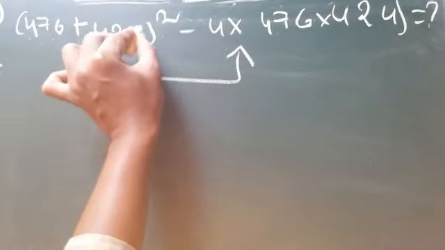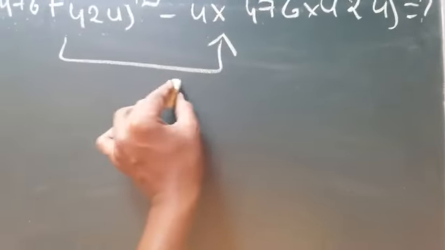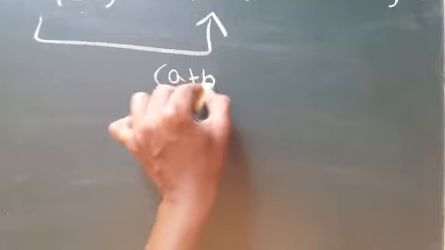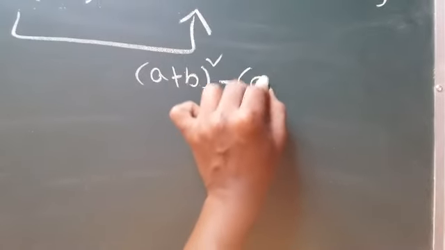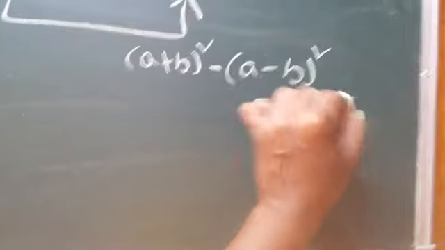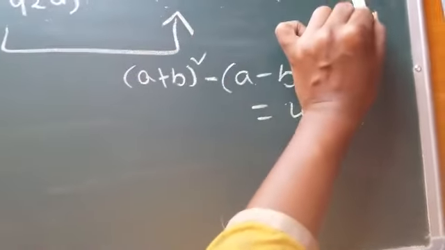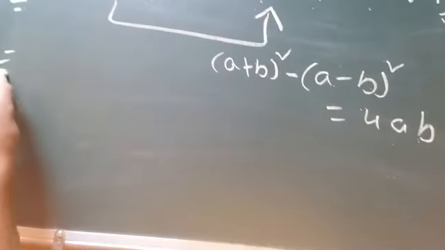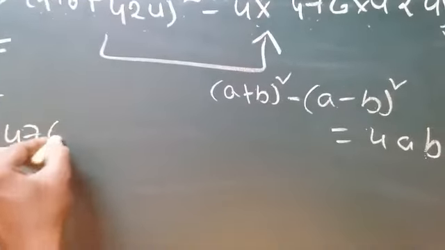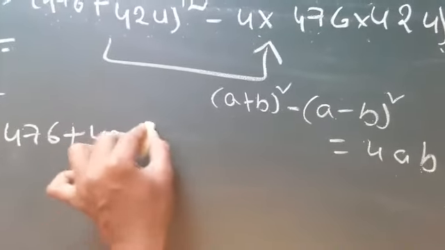You know the formula a plus b whole square minus a minus b whole square equal to 4ab, right? If you replace 4ab, that means 4 into 476 into 424, with this formula, you will get the answer within a few seconds. Keep 476 plus 424 whole square as it is.